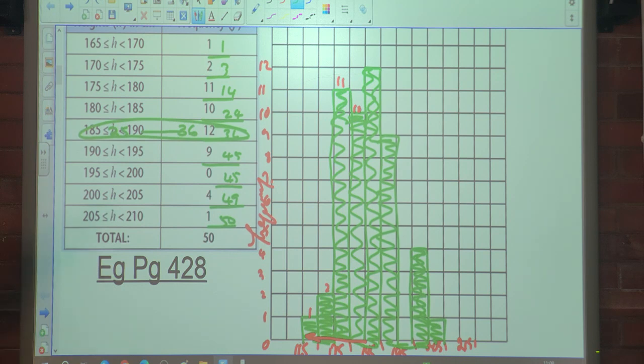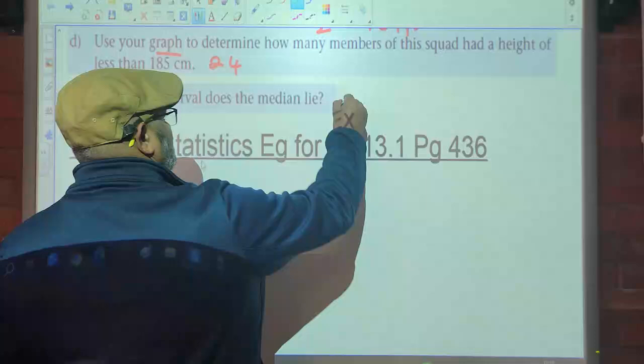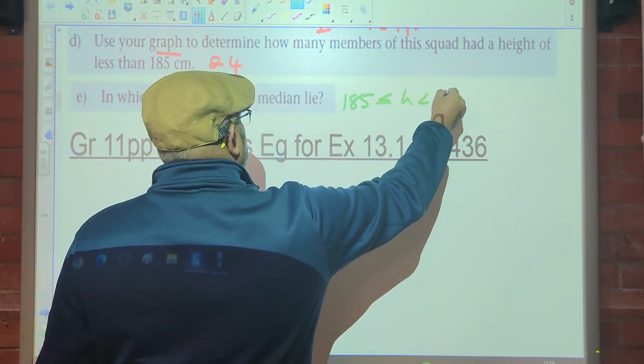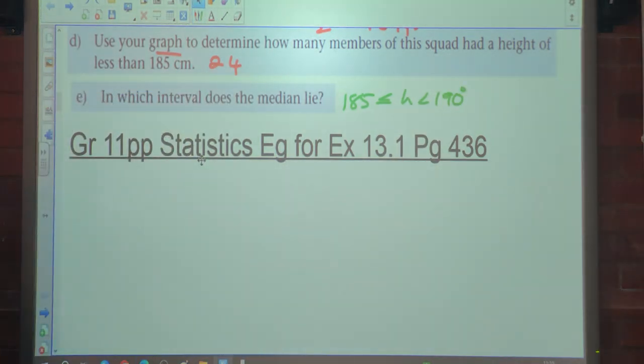So which class should the median lie in? 185 to 190. Alright, you guys understand? Is there any confusion? Nothing yet.